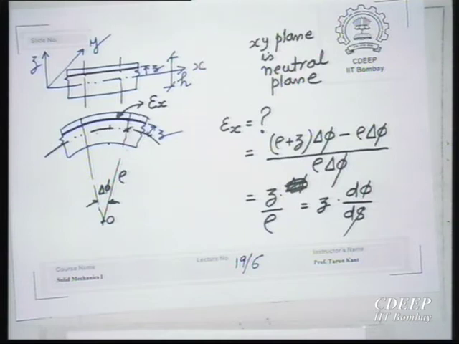We are taking the usual path: we first study deformation, then we find the strain. In this complete study, we are not considering any force at all. We are only considering the effect of the force, what happens to the cross section when M is applied.